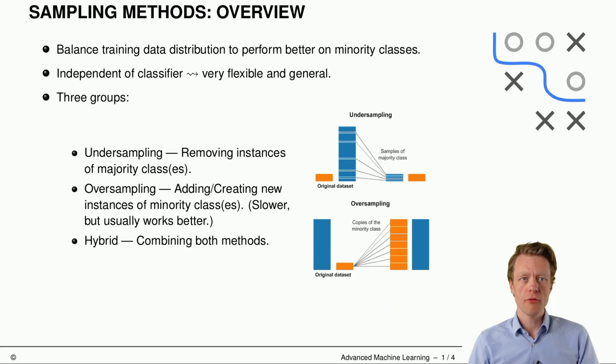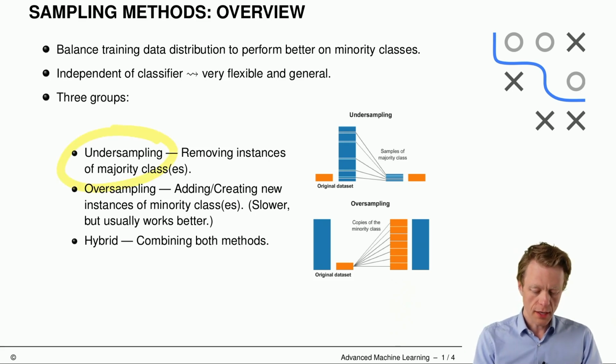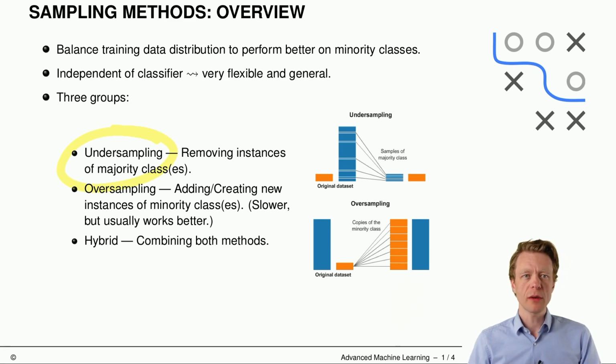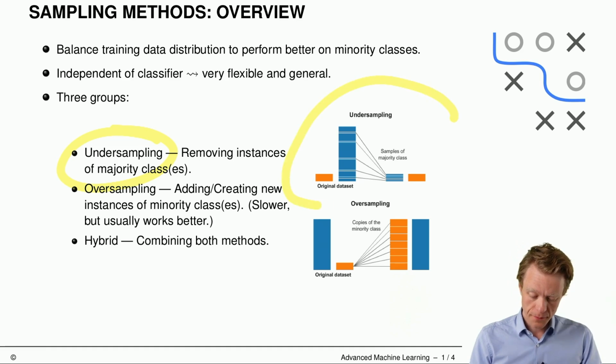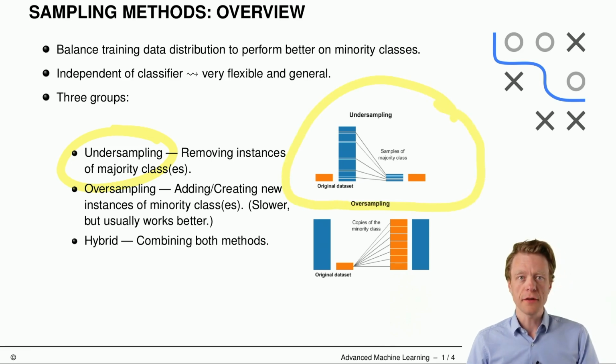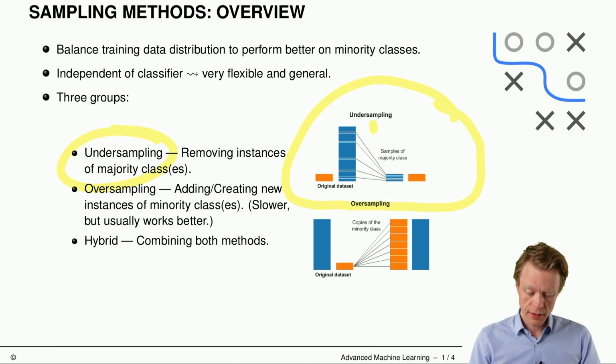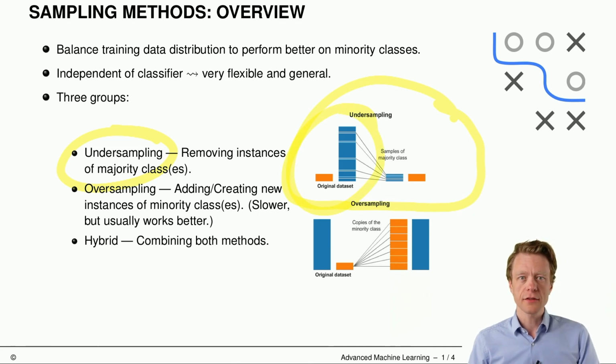There are in general three groups that we can look into. First group is undersampling. There we remove some instances of the majority class, visualized here in the upper part of that figure. On the left hand side here is the original data set. You see that the class distribution is very imbalanced.